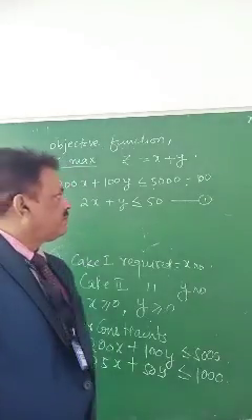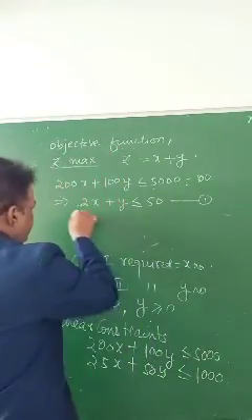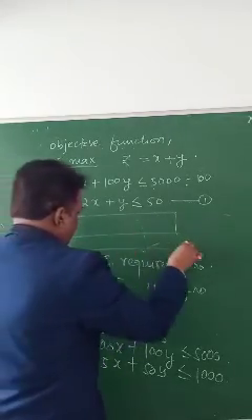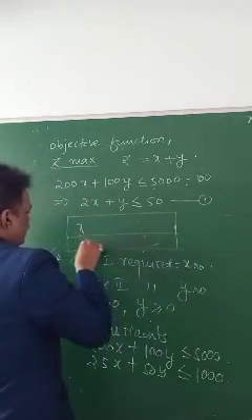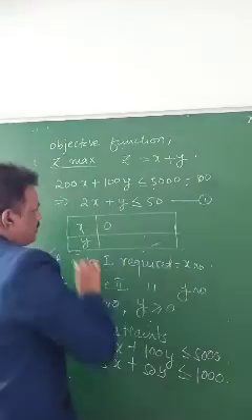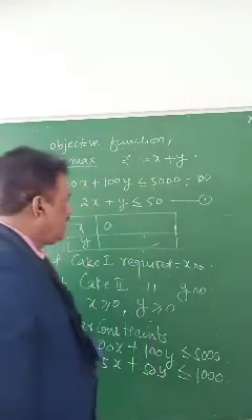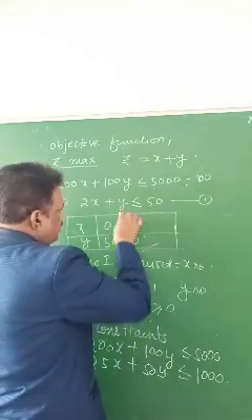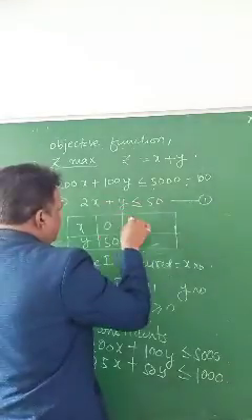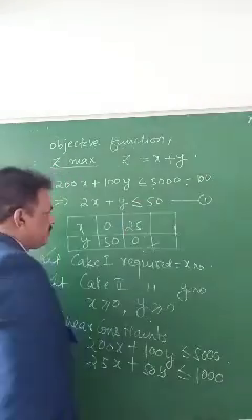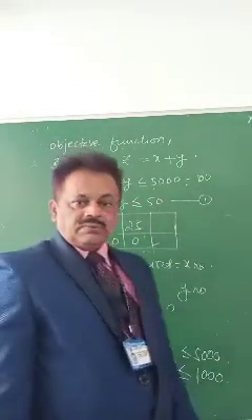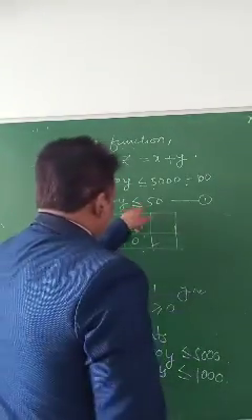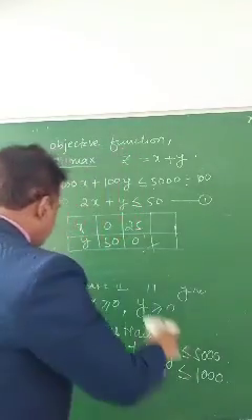Make a table of x and y. Put x is 0, y is 50. Put y is 0, x is 50 by 2, which is 25. Now the test of origin, as I have already told you: when it is a less than constraint, the region will be towards the origin.